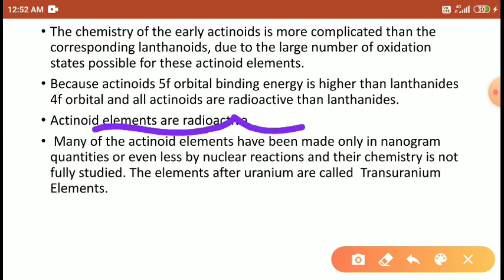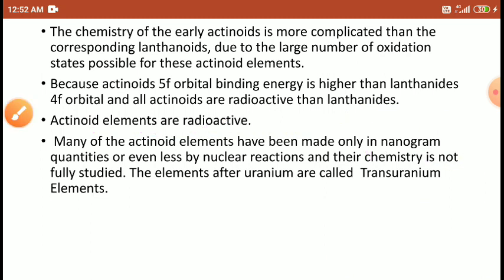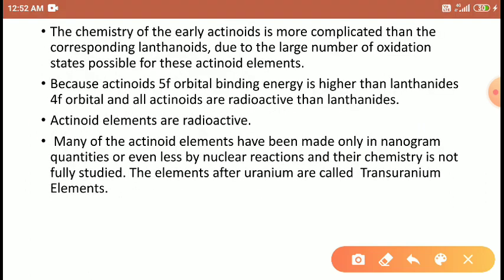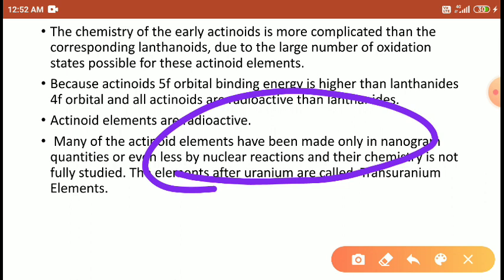Many actinides have been made only in nanogram quantities. Though their amount is very small, students, nanograms, they are even lost by nuclear attraction.